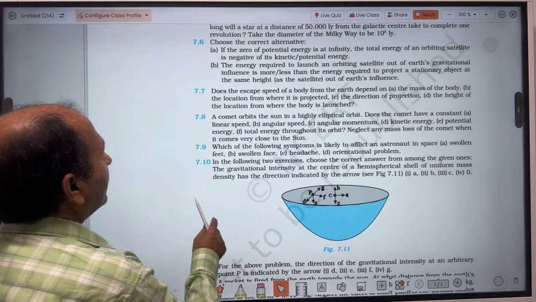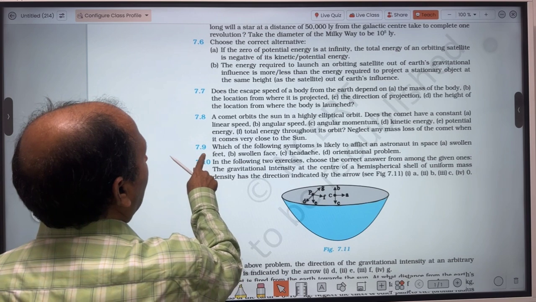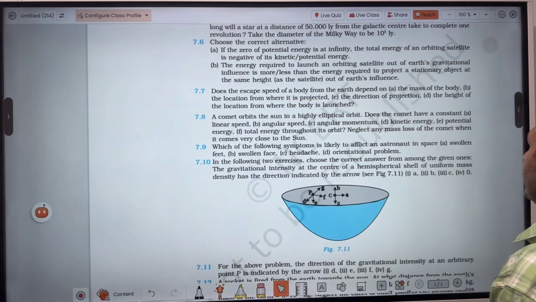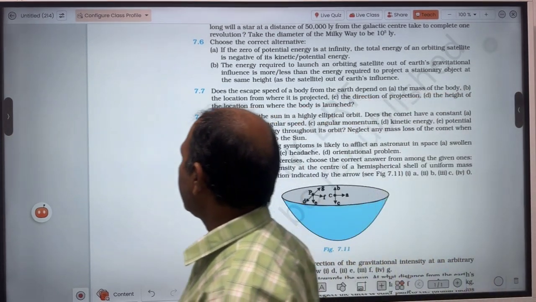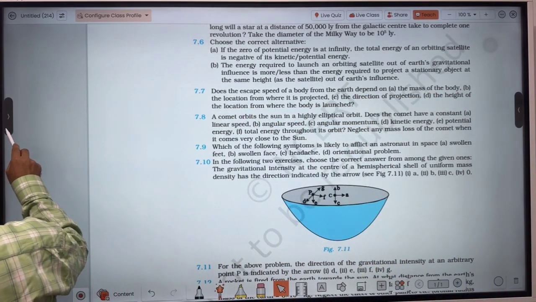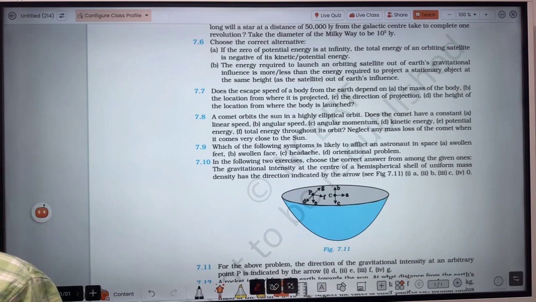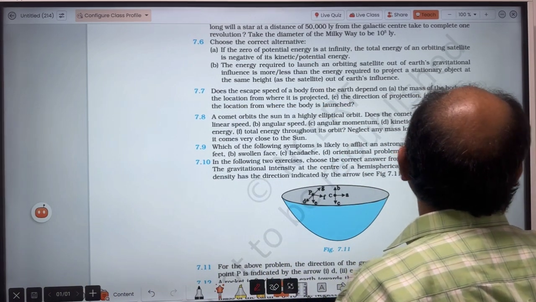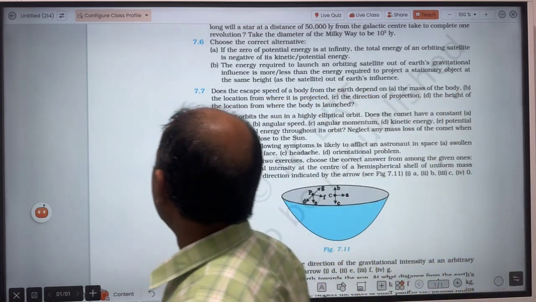Now, there is the next question. Which of the following symptoms is likely to afflict an astronaut in space? A. Swollen feet. B. Swollen face and headache or orientational problem. C. Gravity will be less.